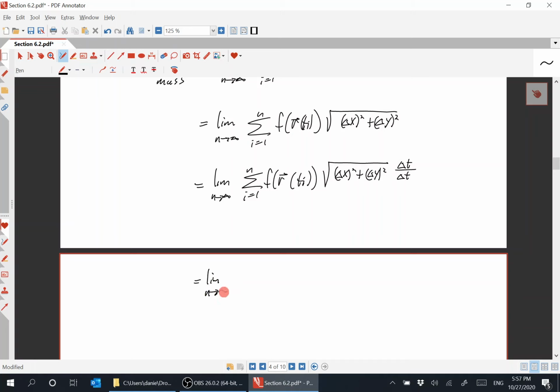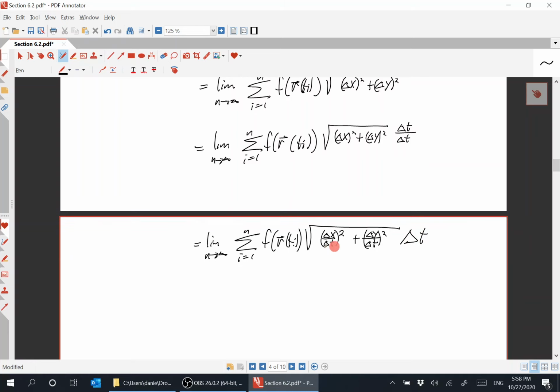So limit as n goes to infinity, sum i equals 1 to n f of r of t_i times, bringing the 1 over delta t inside here, you get the square root of delta x over delta t squared plus delta y over delta t squared, times delta t. Now I got that delta t. That's what we wanted for an integral.